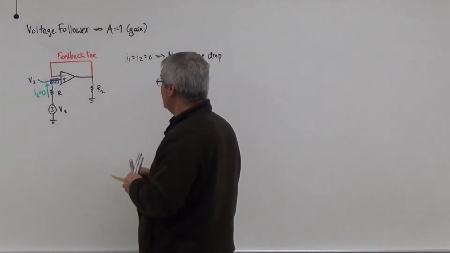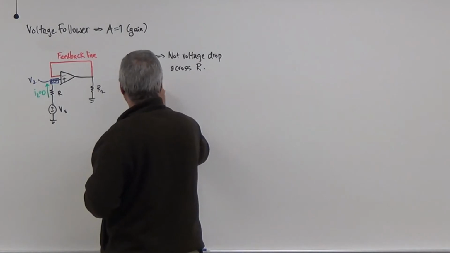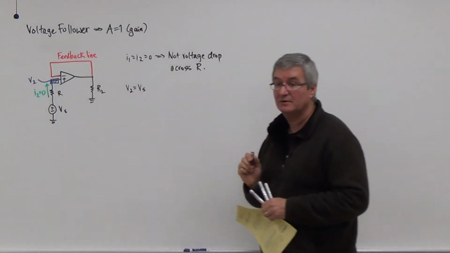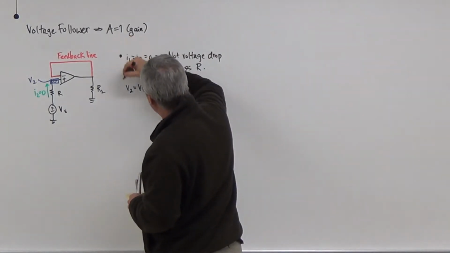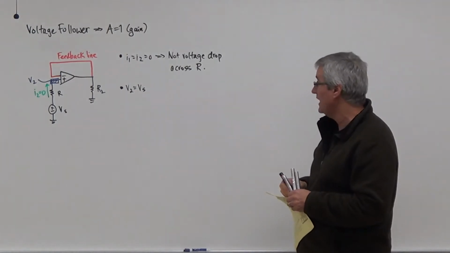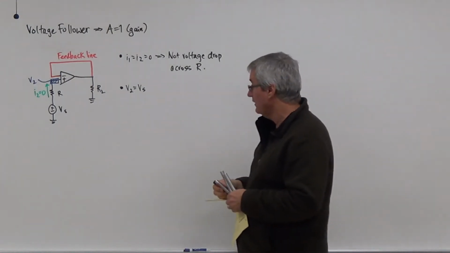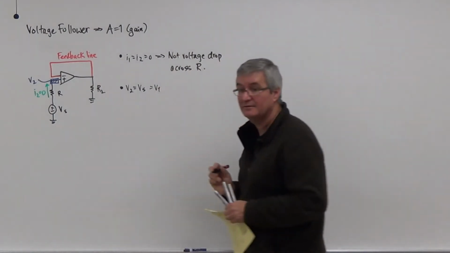Then I look at that second condition here and it says that V2 must be equal to V source. Right? So the first condition is this one right here. The second condition is this one. And according to the ideal op-amp model, it immediately tells me that it must be that.